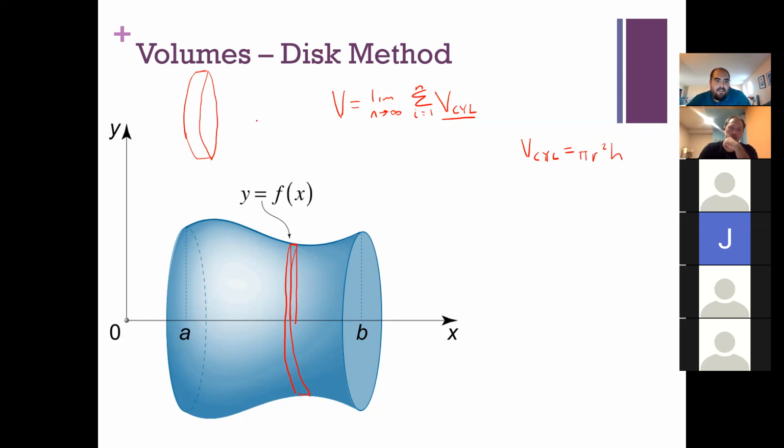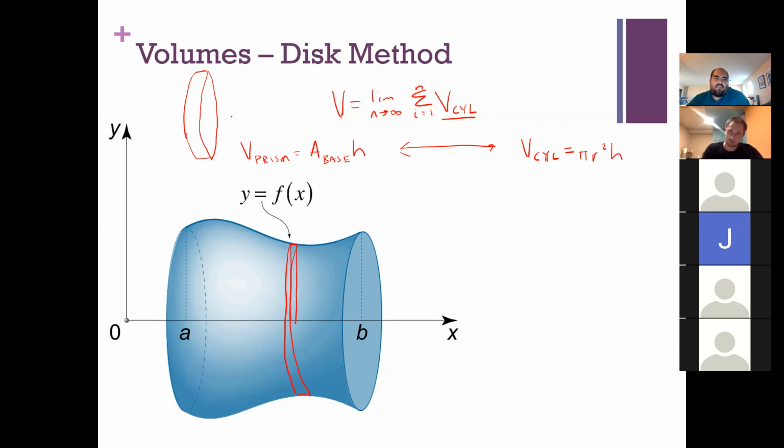And just because I was starting to build up there, the volume of any prism is essentially equal to the area of the base times its height. And if we try to look for parallels between these two ideas, obviously we see the height.